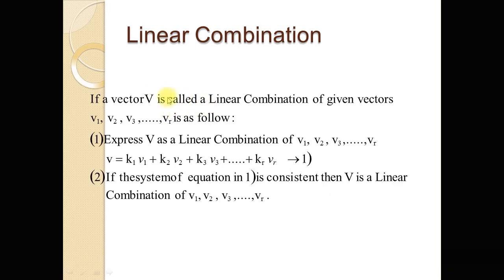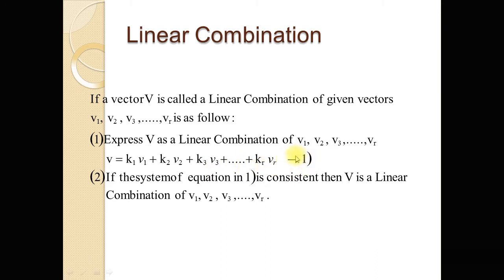Now, if vector v is a linear combination of given vectors v1, v2, v3 up to vr, then v is equal to k1 v1 plus k2 v2 plus k3 v3 and so on plus kr vr.